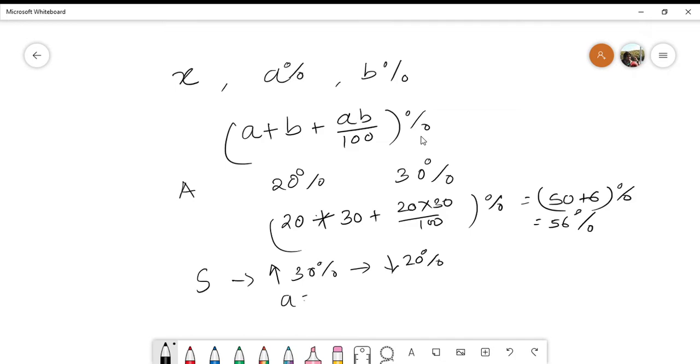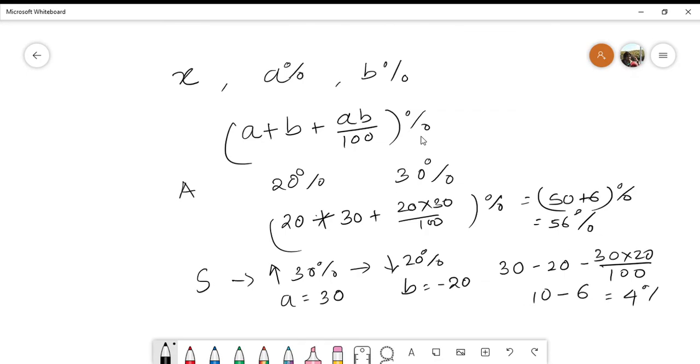So our a is 30, but our b is minus 20. Again the same formula can be applied, which is 30 minus 20 minus 30 into 20 upon 100, which is 10 minus 6, which is 4%, right?